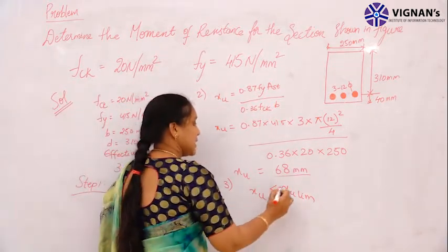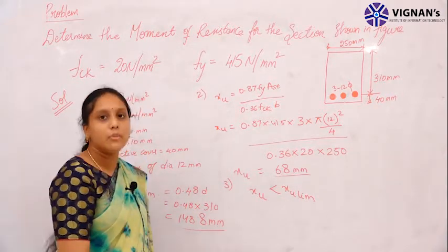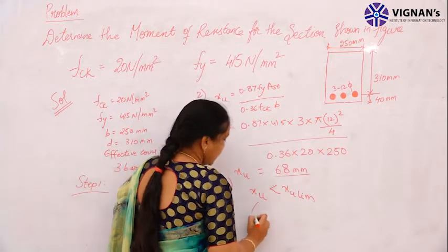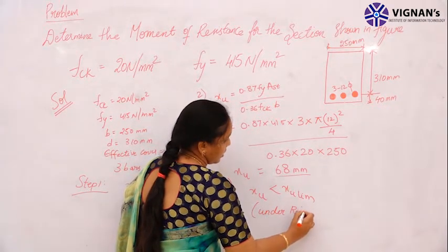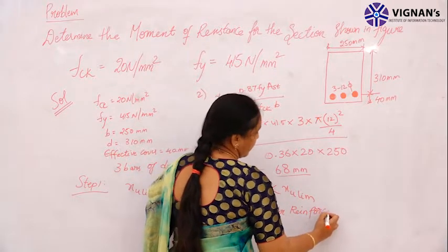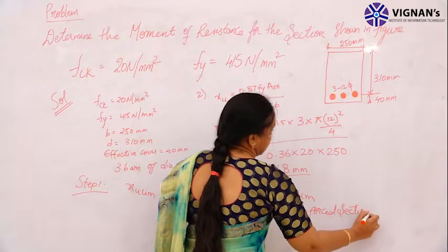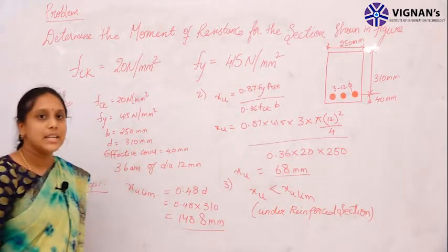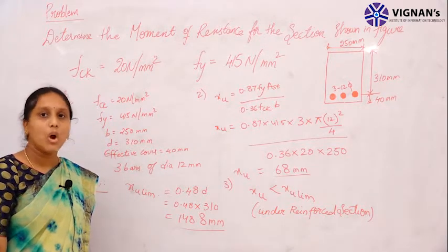So if xu is less than xu limit, what type of section is it? It is an under reinforced section. So, as it is an under reinforced section, the next step is to find out the moment of resistance.